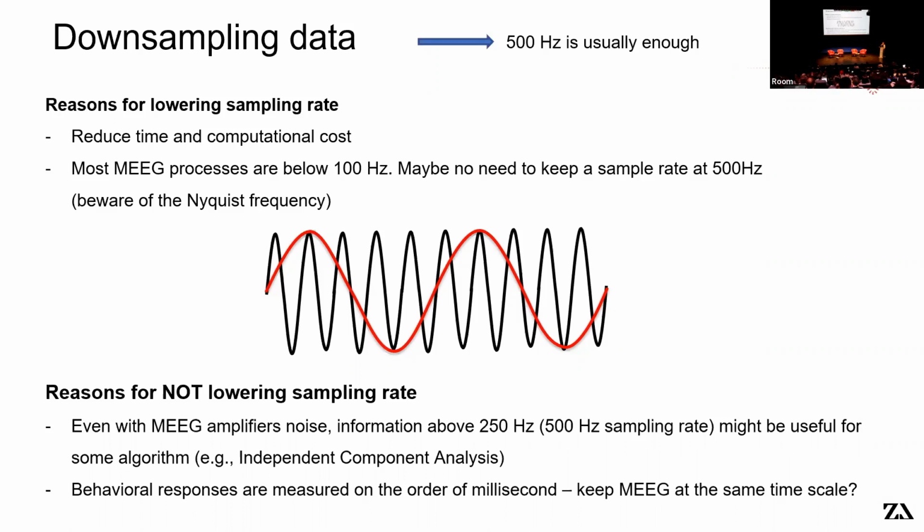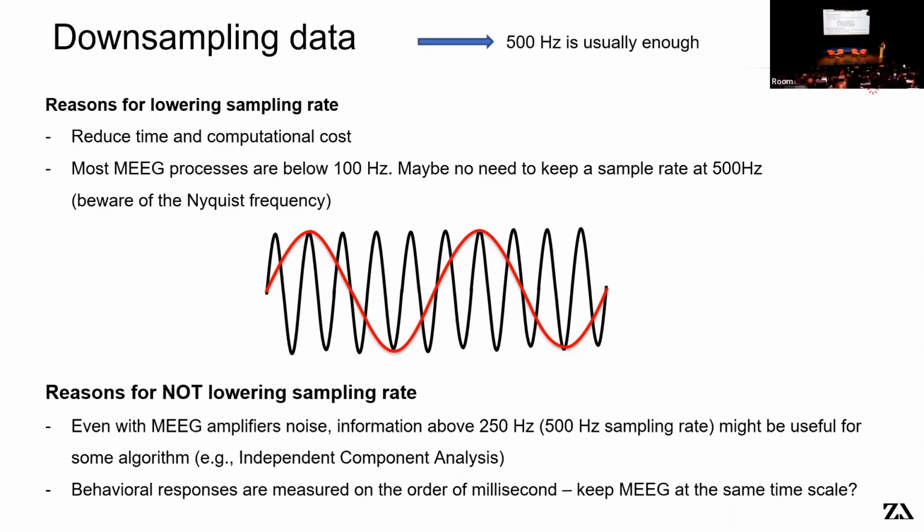So if you want to measure or look at processes that are at like 150 hertz or 200 hertz, you need to have at least double the sampling rate. And reasons for not lowering the sampling rate are that even with MEEG amplifier noise, for example, information above 250 hertz might be useful for some algorithm, also for detecting muscle activity or something like that.